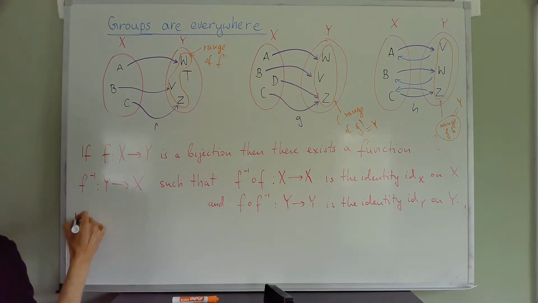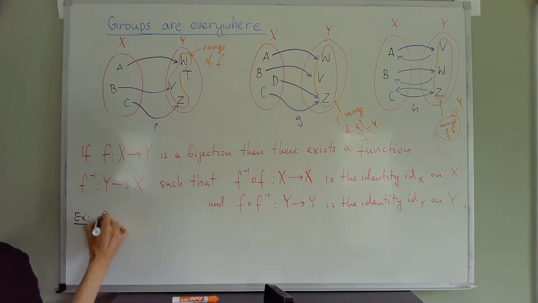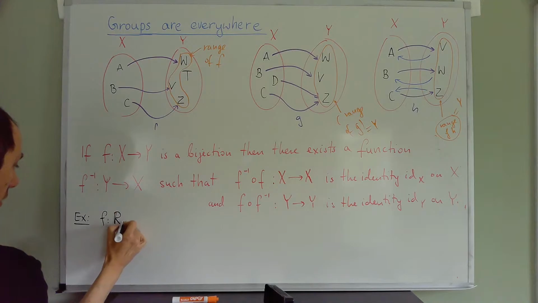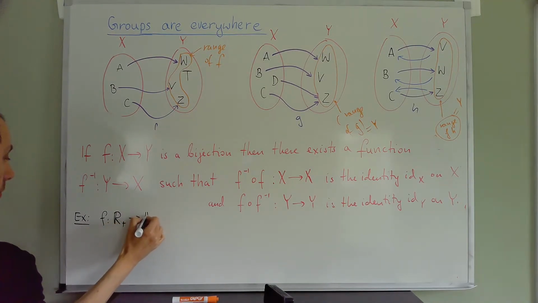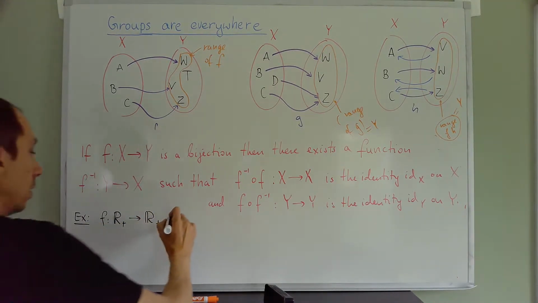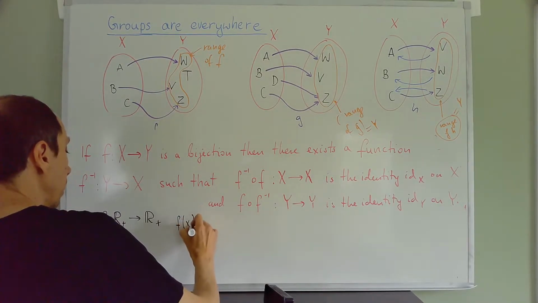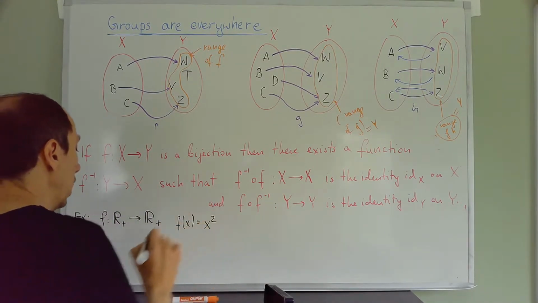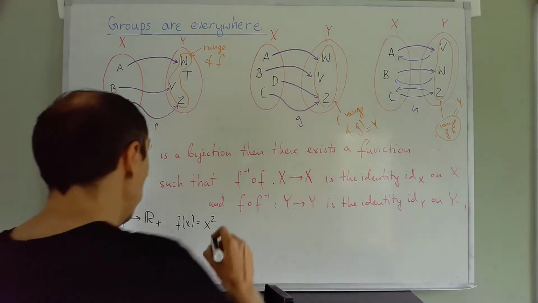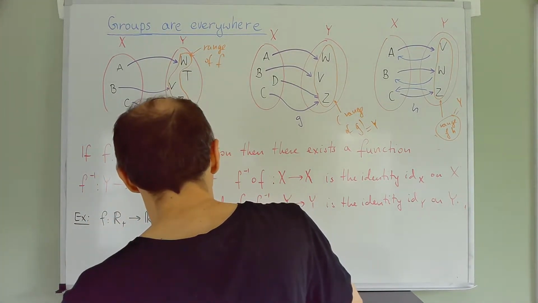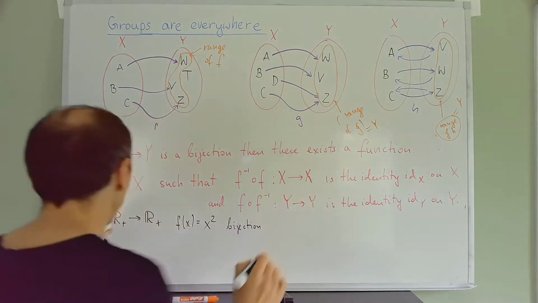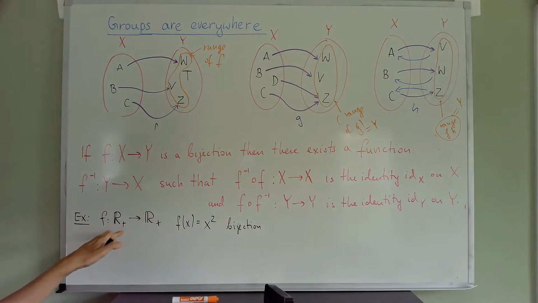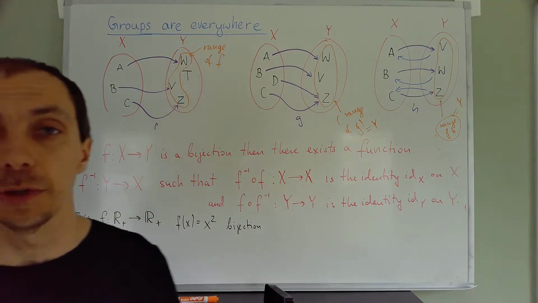Maybe I'll just do one example here. If I take f from the positive real numbers to the positive real numbers, defined as f of x equals x squared, this is actually a bijection. Because two different positive real numbers, when I square them, give me different positive real numbers.